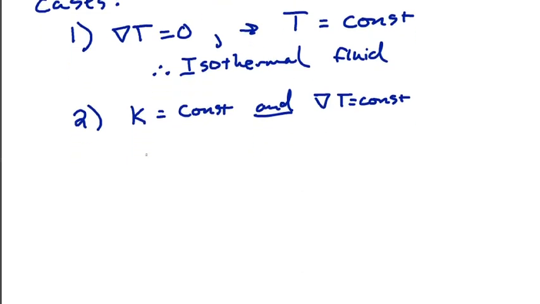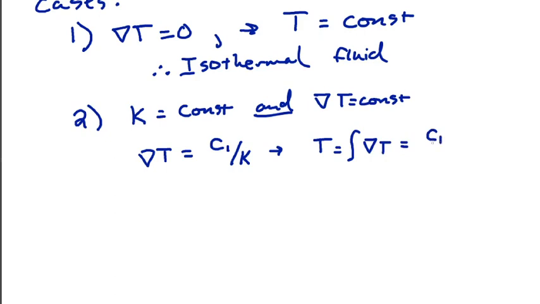Well, now grad T is some constant, say C1, divided by k. That implies that our temperature has an integral solution from grad T, and the temperature just has a simple form. It's got C1 over k times whatever our integration direction is, say z, plus some other constant, call it C0. We have some simple linear form for the temperature.